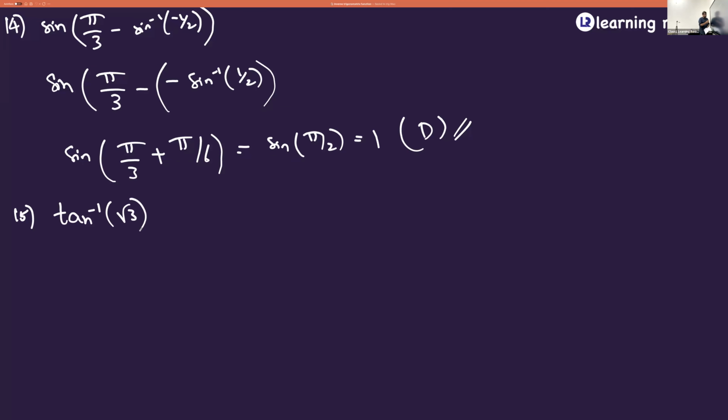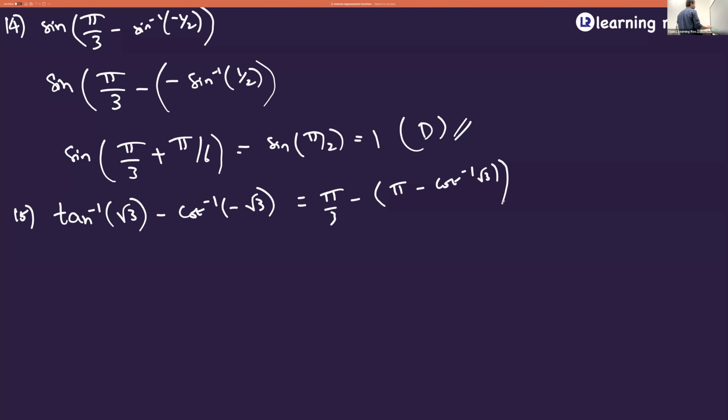Tan inverse root 3 minus cot inverse of minus root 3. You solve and tell me. What is tan inverse of root 3? Pi by 3. Minus, what is cot inverse of minus root 3? Pi minus cot inverse of root 3. Am I right?